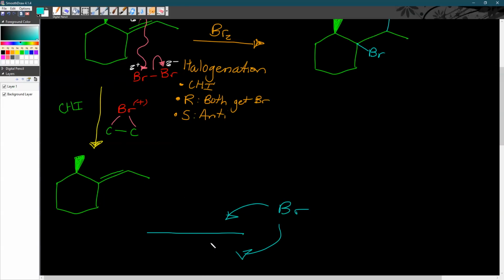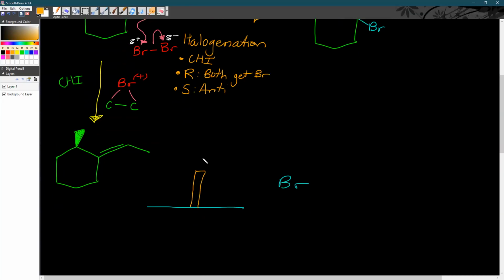But what we see going on in this molecule is that we have a nice, tall methyl group. And so this bromine, when it's being grabbed by these two carbons, is going to be like, okay, which side is less hindered for me to go to? And what we see is that 100% of the time, the bromine goes to the opposite side as the methyl group.